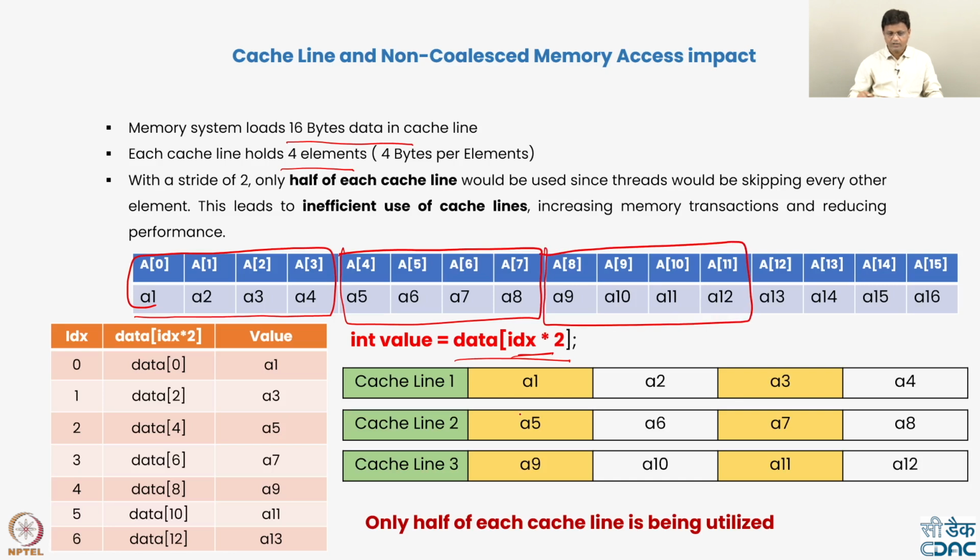Now, if you see carefully, when thread 0 was handling, here T0, in the first cache line access it will get its value here, A1.